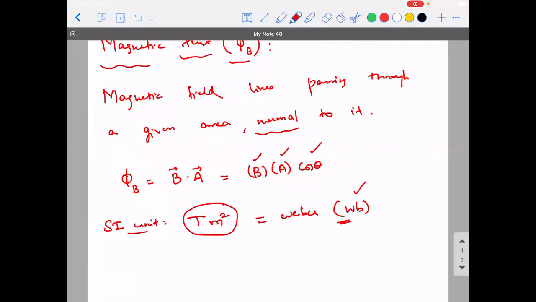So capital W and small b put together is what we call Weber. I'm sure we have seen that in the previous chapter under the name magnetic induction. Am I clear? So this is all about magnetic flux. This is the basic introduction.